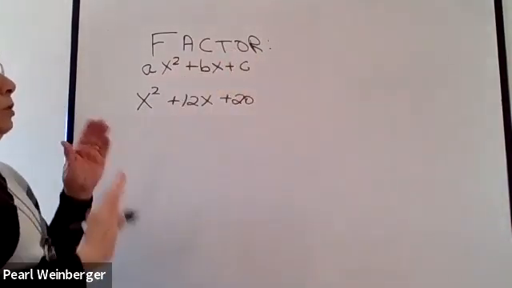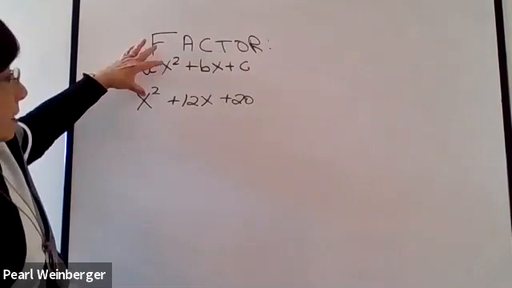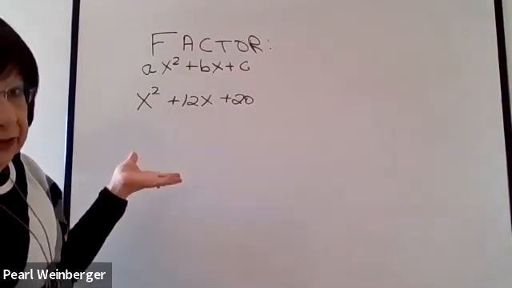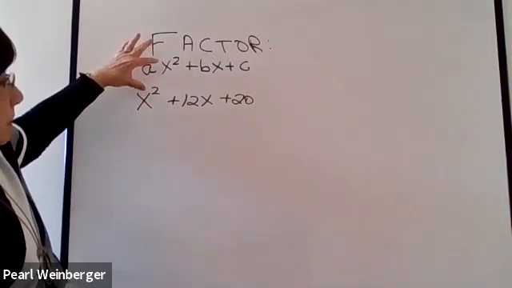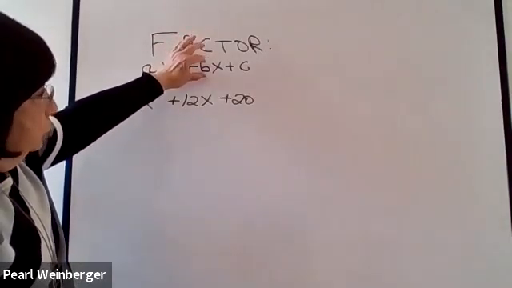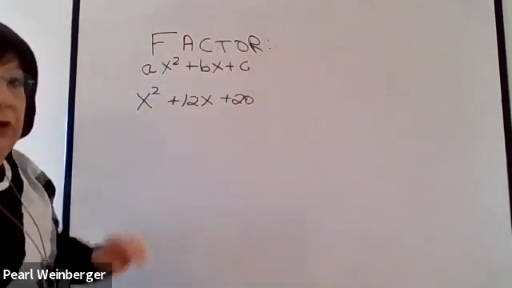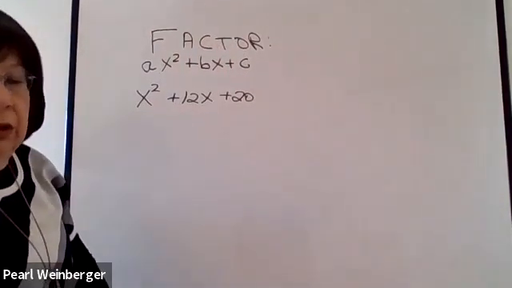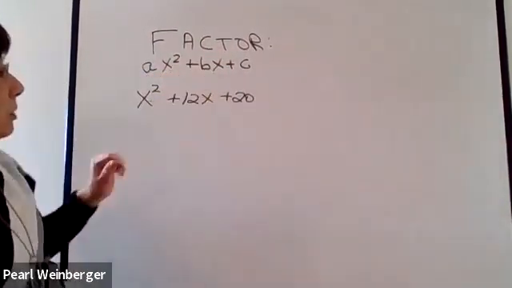A three-termed expression, usually it doesn't have to be an x, it could be a different variable, but it'll be a square term, then just a plain x term, and then just a plain number. That is what we call descending order.